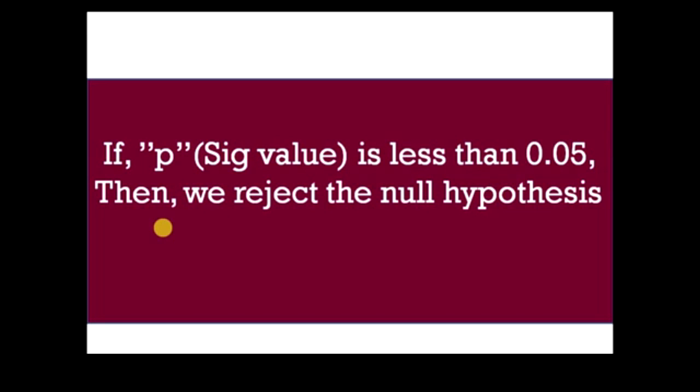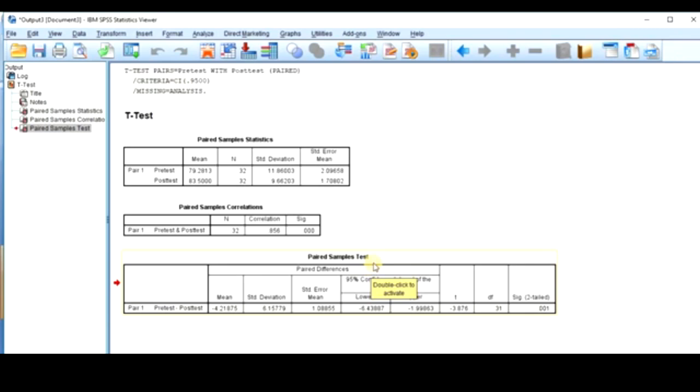If the p-value is less than 0.05, then we reject the null hypothesis. In the output screen, the significance value is 0.001, which is less than 0.05. Then we are going to reject our null hypothesis, which I interpret as there is a significant difference between the pre-test and the post-test.